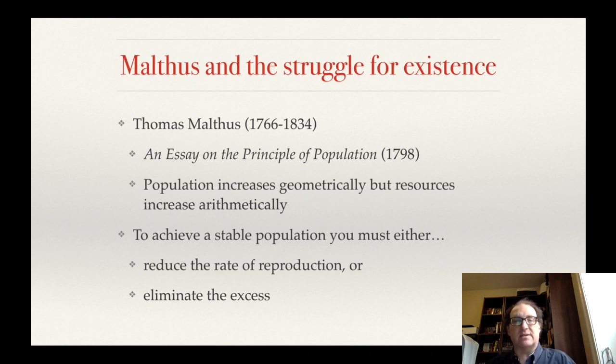That is, excess in the sense that there are more organisms, there's a higher rate of reproduction than the environment can support. That's Malthus. And that is, again, this struggle for existence is just a fact of any situation where the natural rate of reproduction outstrips the available resources.